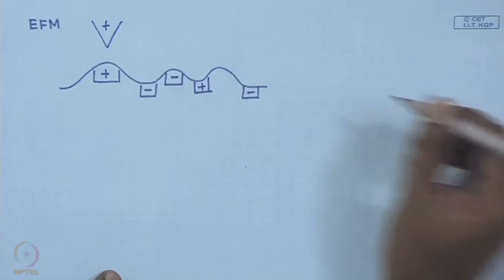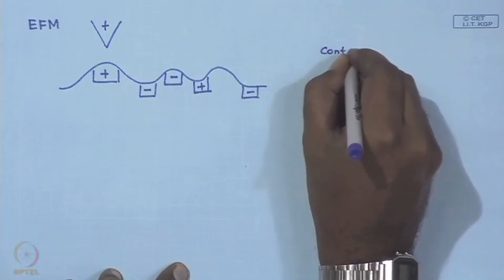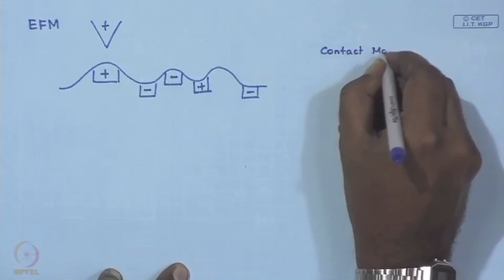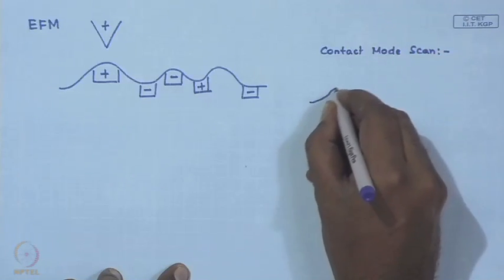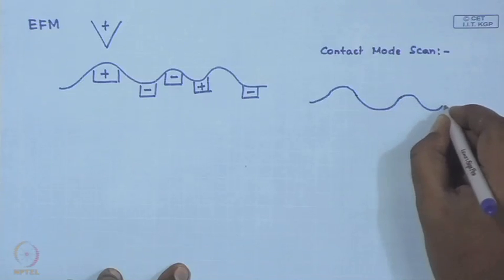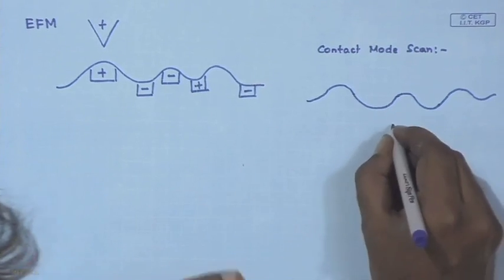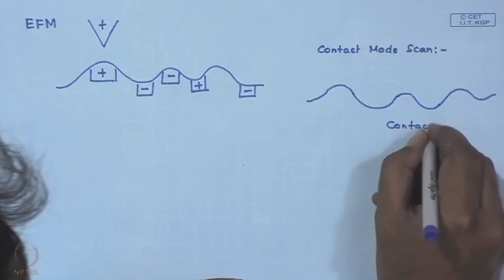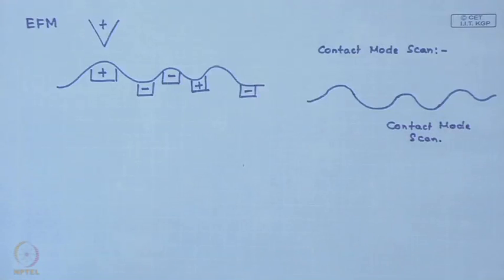But if you still do a contact mode scan over here, you will still get nothing but the topography, and from this you can in no way define the different charge domains.